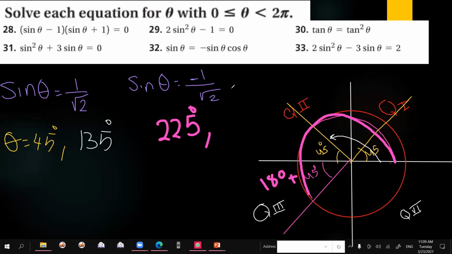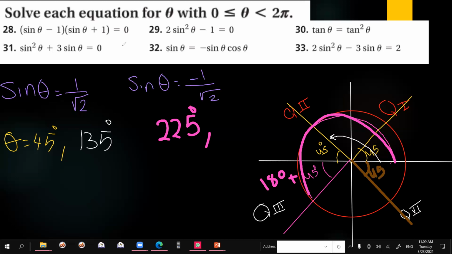And then the sine is also negative at quadrant 4. So we need now to draw the angle here and then start rotating from the positive x-axis 45 degrees to stop at quadrant 4. The angle here is 45.